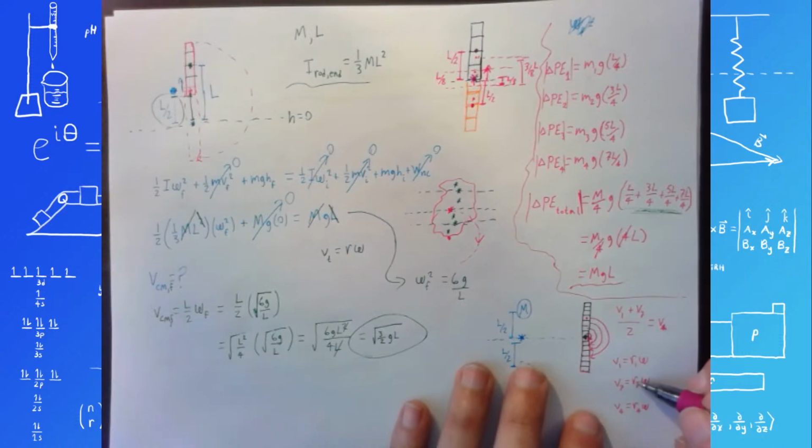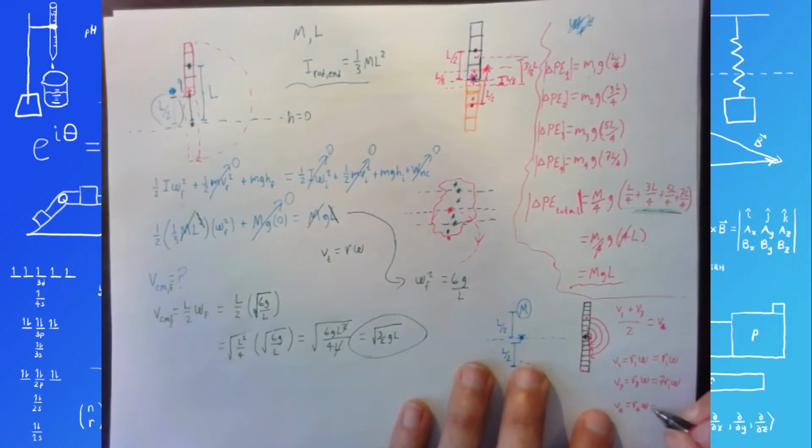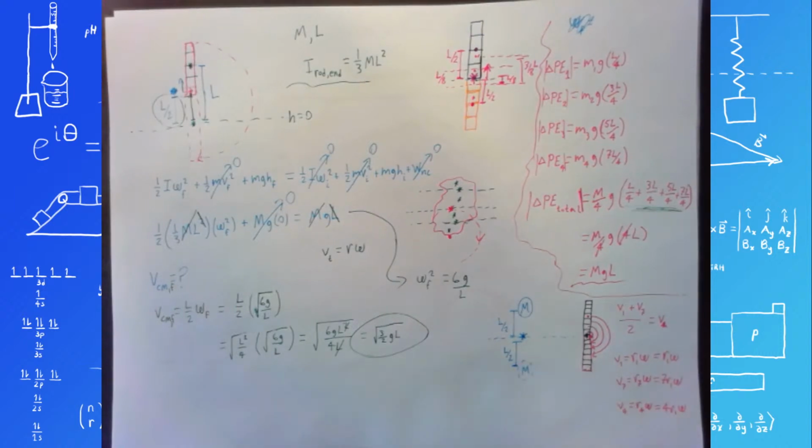R7 would be 7 times R1, R4 would be 4 times R1. So essentially what you have is 1 R1 omega. Here you've got 7 R1 omega. Here you've got 4 R1 omega.